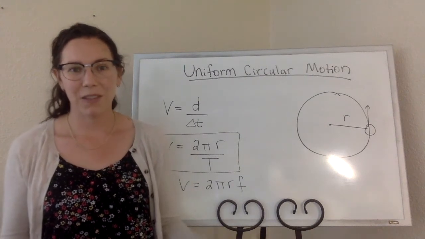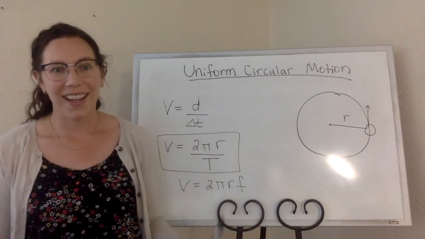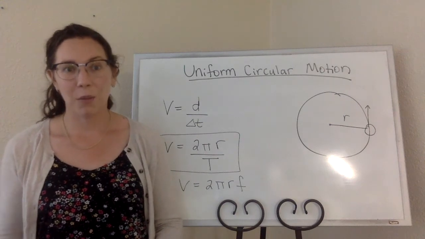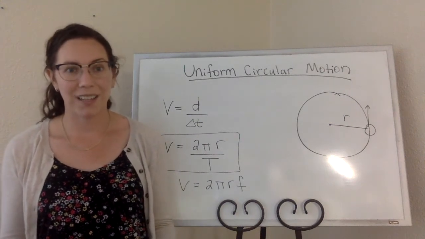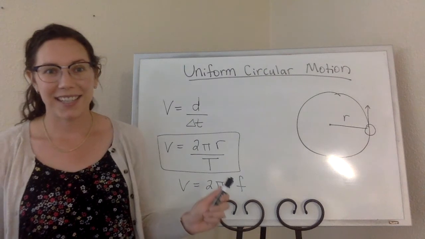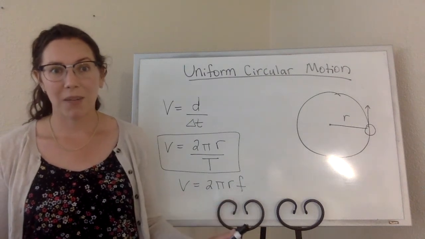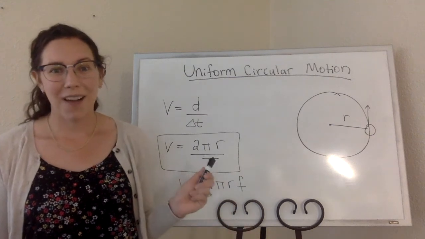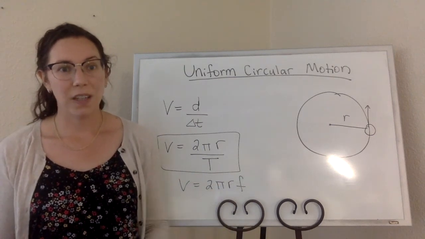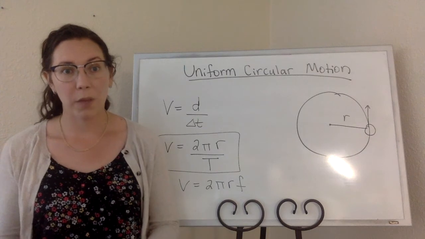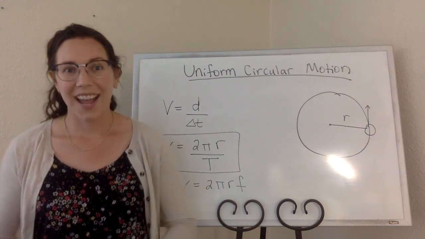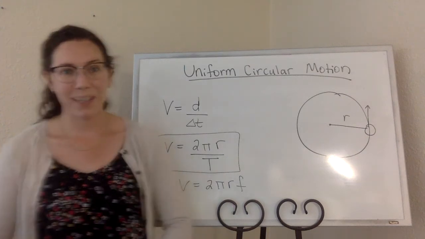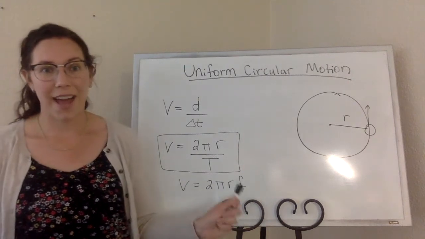The circumference of the circle is 2 pi r, and then we know that the time it takes to move through one cycle of the motion is the period T. So the speed of an object in uniform circular motion, which remains constant, is 2 pi r over the period. We could also replace 1 over the period by the frequency and write the speed in terms of the frequency as 2 pi r f.